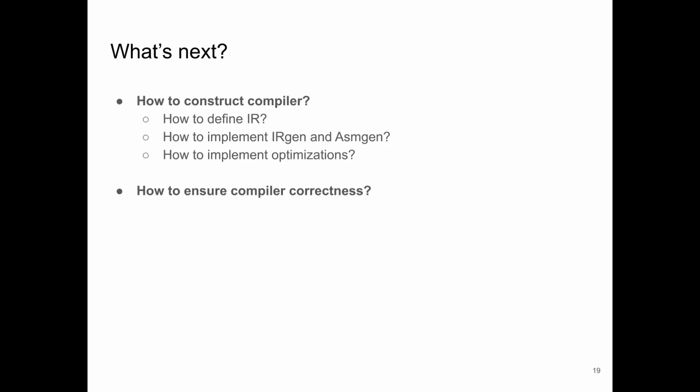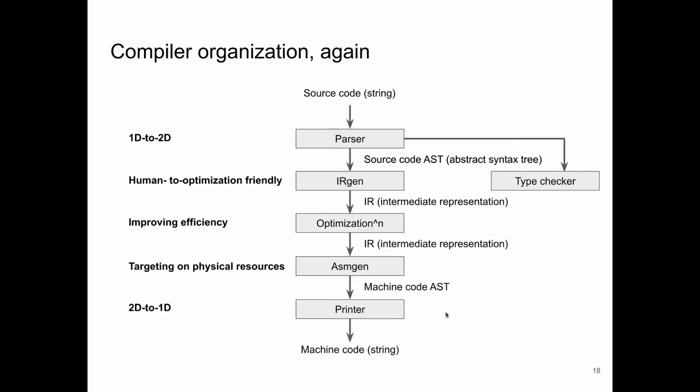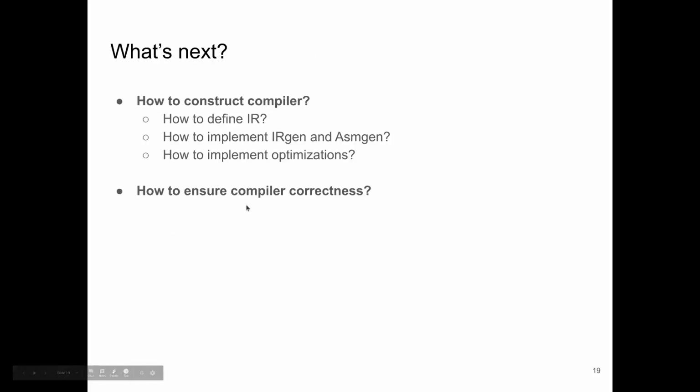In this slide, we discussed how to organize a compiler, but we didn't discuss the specification of a compiler. In what sense should the compiler be correct? How do we ensure that your compiler is actually translating your source code into machine code well? This is the topic of compiler correctness, and we are going to discuss this in a later lecture.